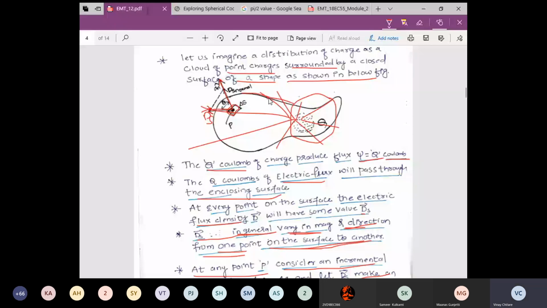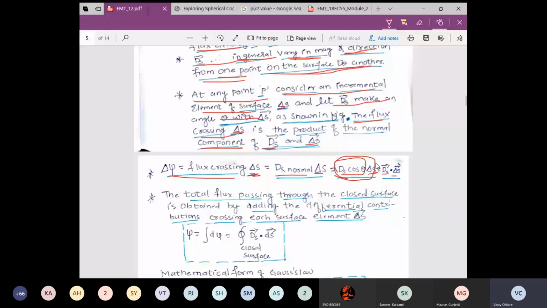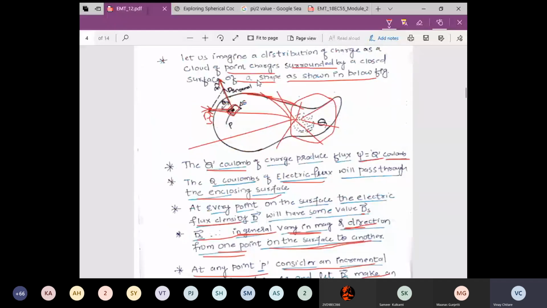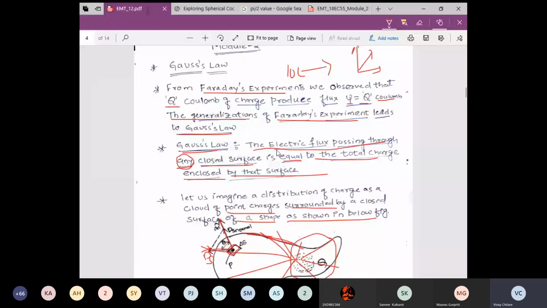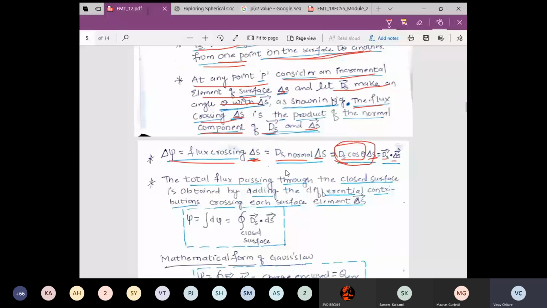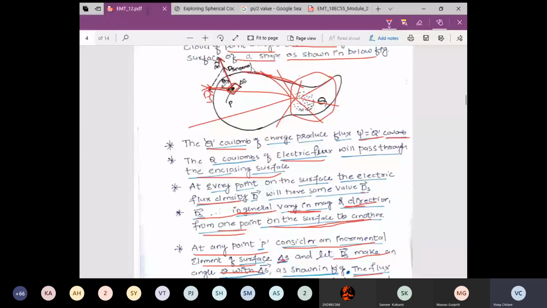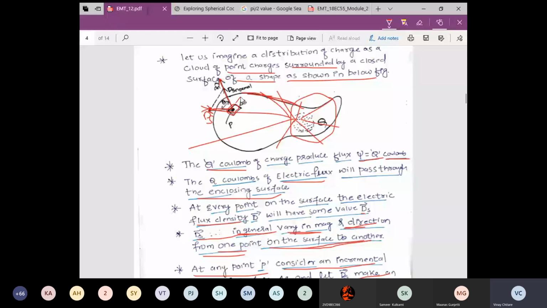But we now want the flux crossing the complete area, because according to the statement of Gauss's law, the electric flux passing through any closed surface is equal to the total charge enclosed by that surface. So we need to find the total flux crossing. It means that we need to add all these incremental fluxes through the incremental areas.